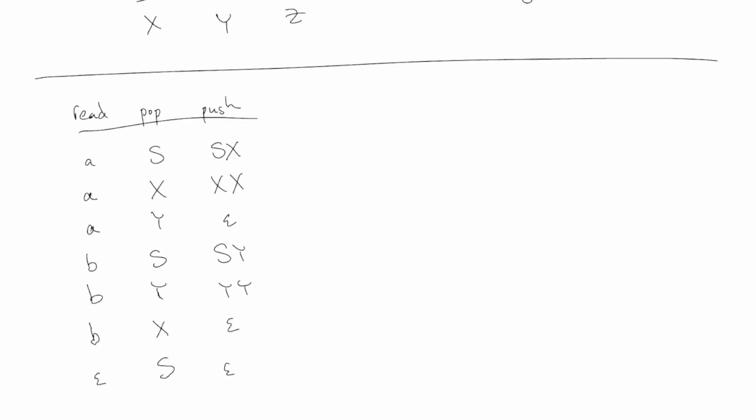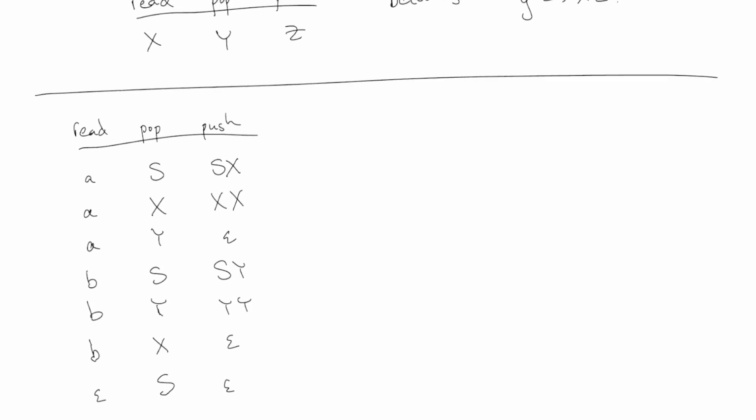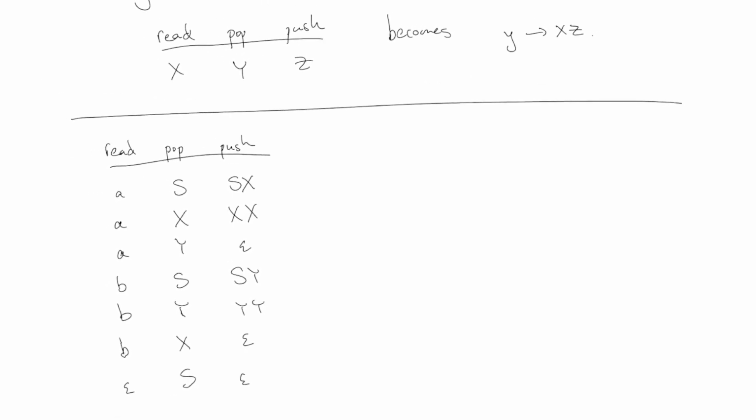All right, and now let's convert this to a grammar, just doing what I suggested before. You can still almost see it on the top there. Any rule X, Y, Z becomes Y goes to X, Z. So converting this to a grammar, I'm just going to try not to think about it and just write it down.